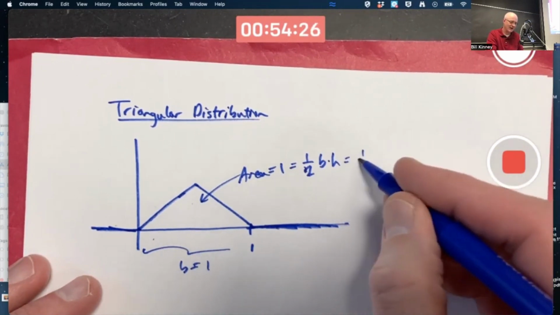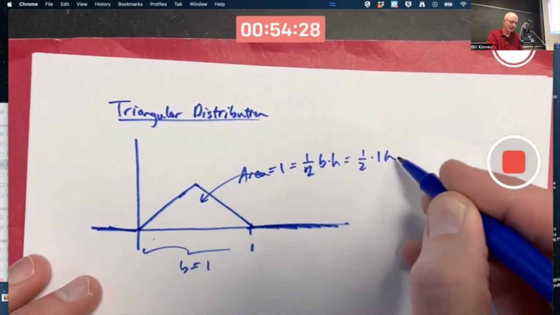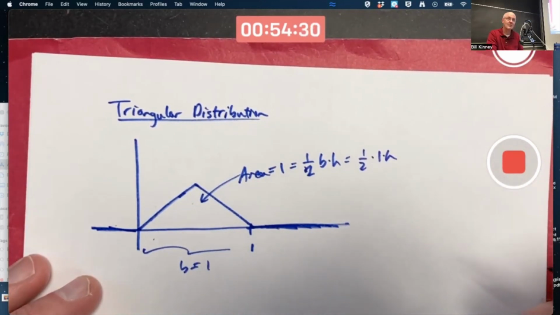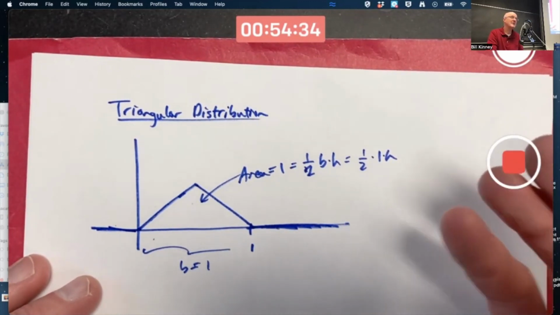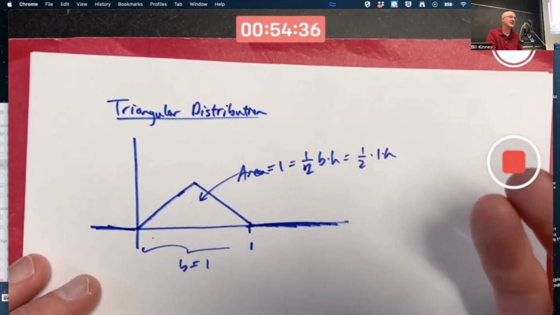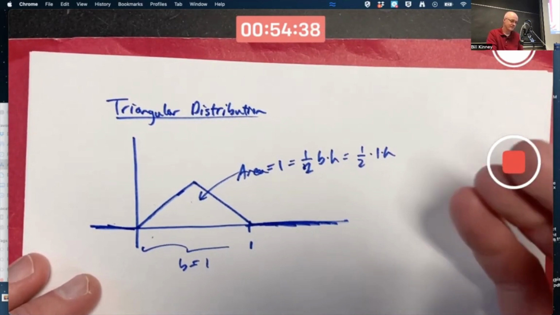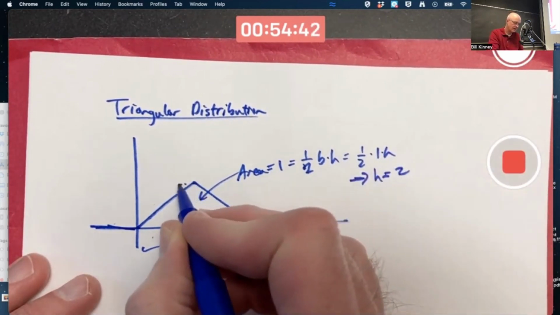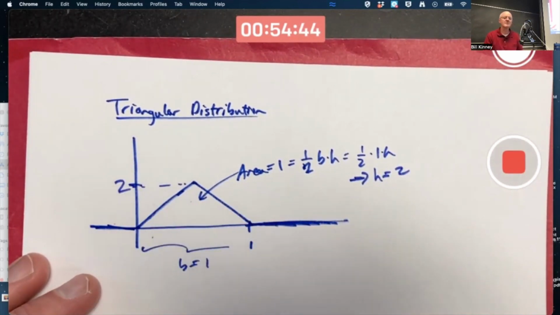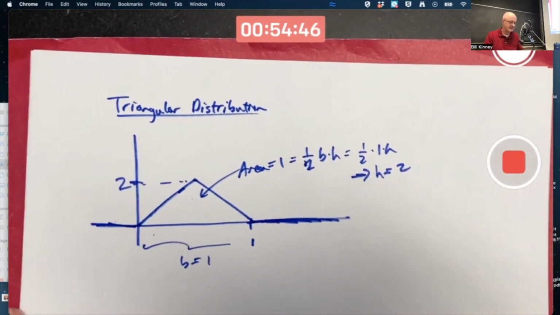If the base is 1, the height's got to be 2 to make the area 1. I'm trying to just choose the height so that the area is 1. This equation means the height must be 2. This number right there must be 2. It's not drawn to scale on these different axes.